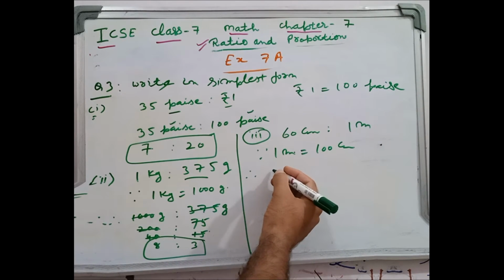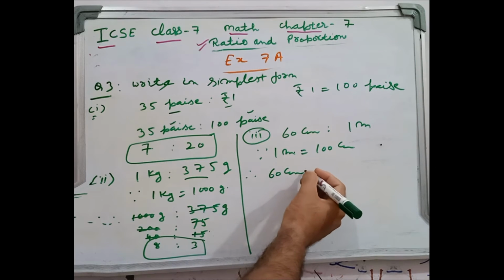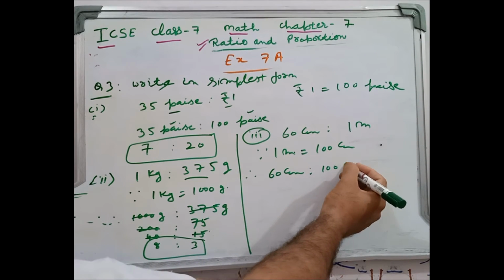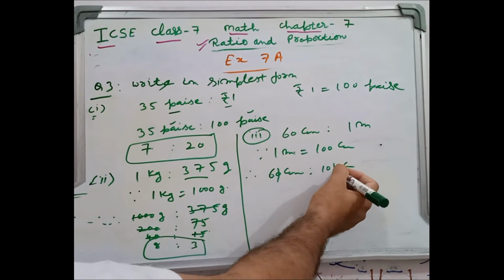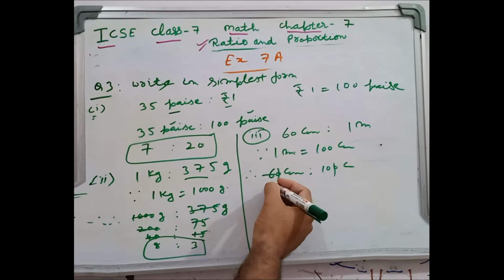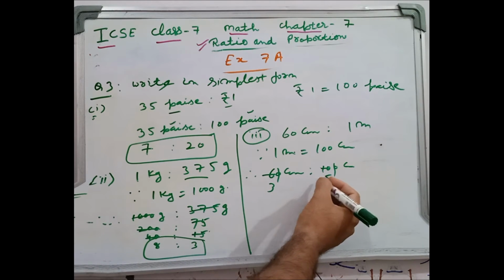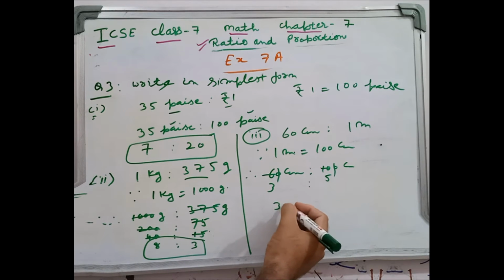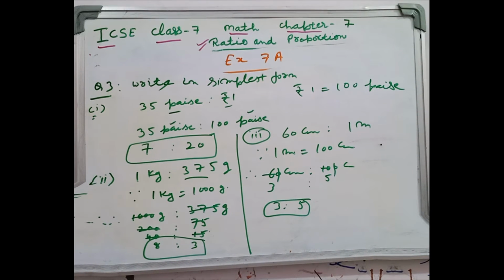Therefore 60 centimeter ratio 100 centimeter. Zero cancels. 3 2s are 6, 5 2s are 10. So this is our required ratio 3 ratio 5.